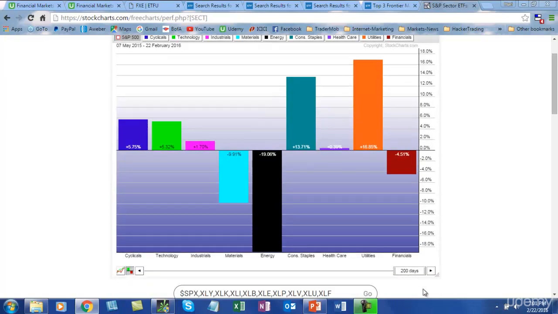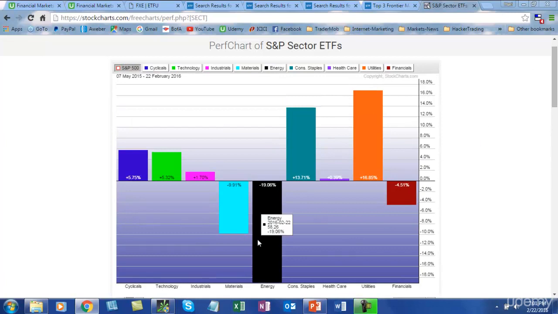Basically, 200 days. Out of the 10 sectors, the best performing sector has been the utilities. And the worst is the energy. So if you can imagine, the energy sector has been decimated in the last 6 to 9 months. And so obviously that's the worst performing sector. You have utilities as the best performing sector.